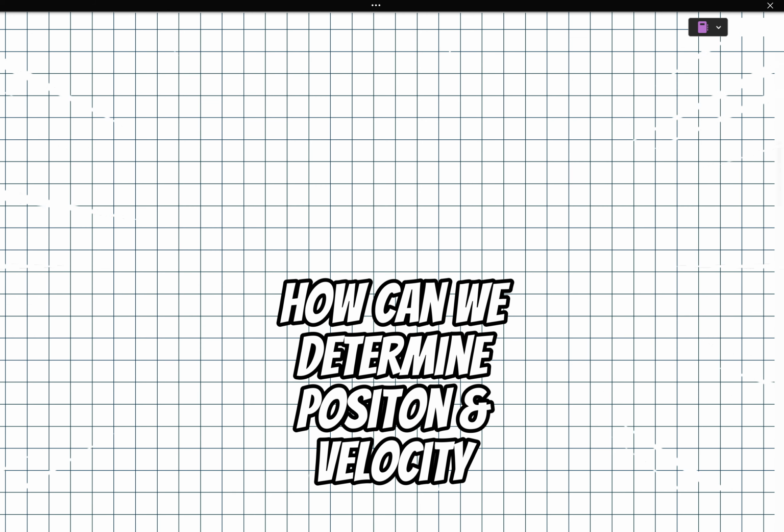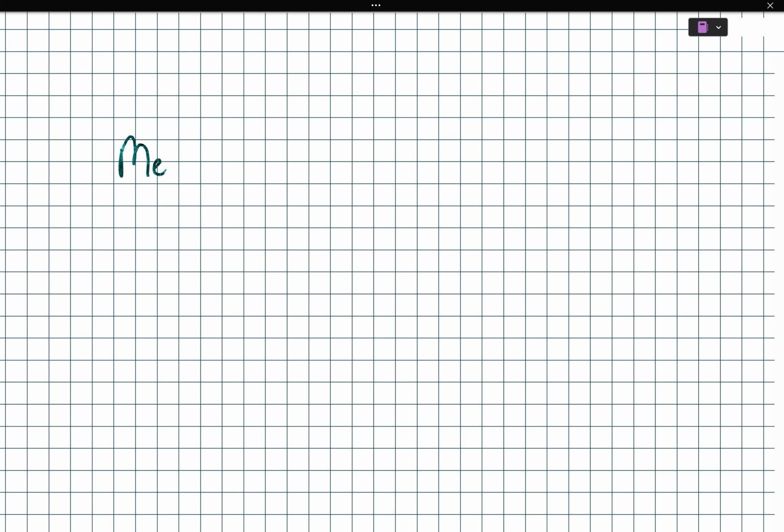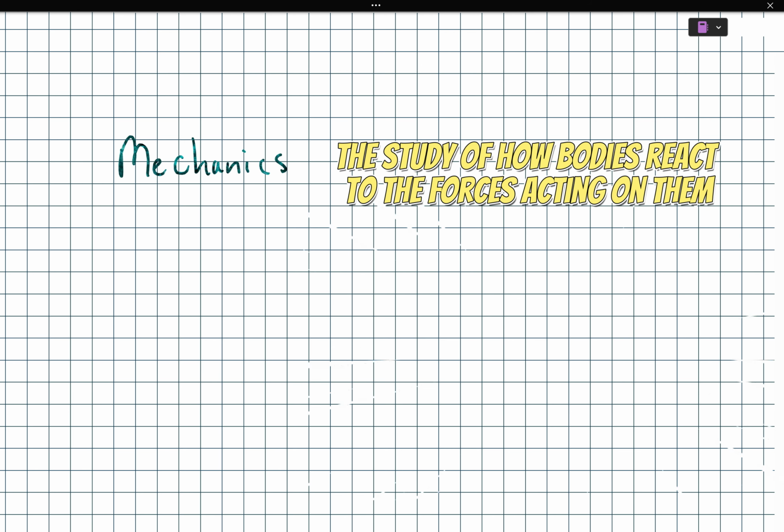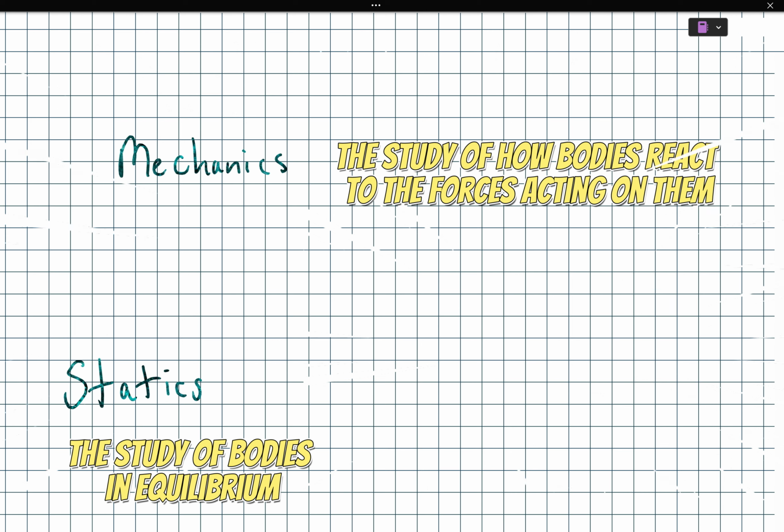So very quickly, an overview of mechanics. What is mechanics? By now you know that mechanics is the study of how bodies react to the forces acting on them. In mechanics, you have statics, which is the first course that you've taken before this course, and it's just the study of bodies in equilibrium.